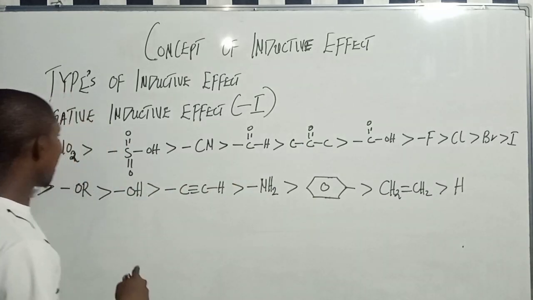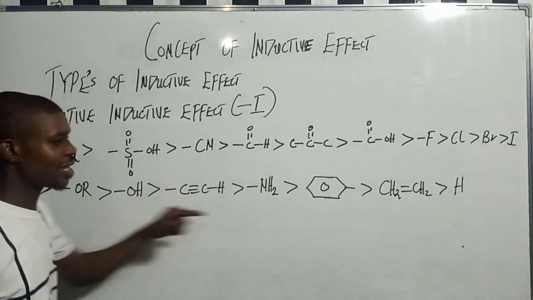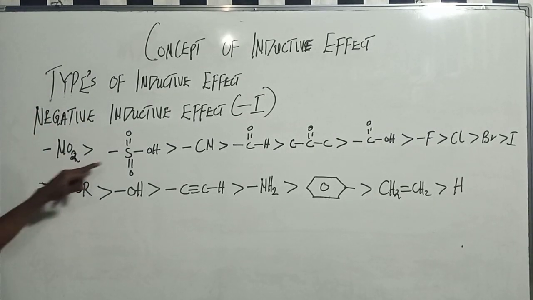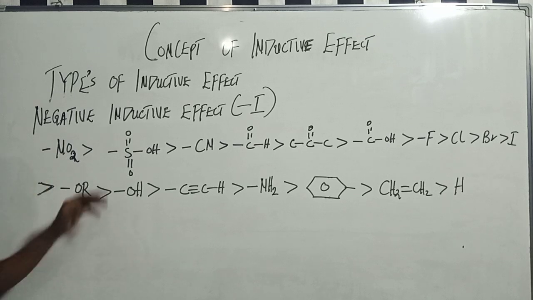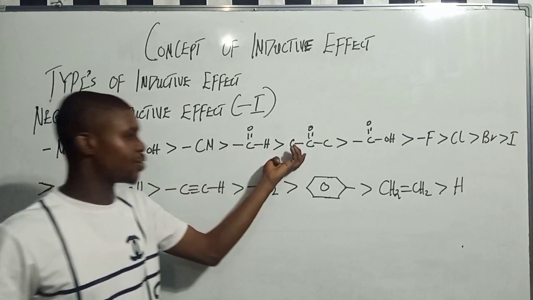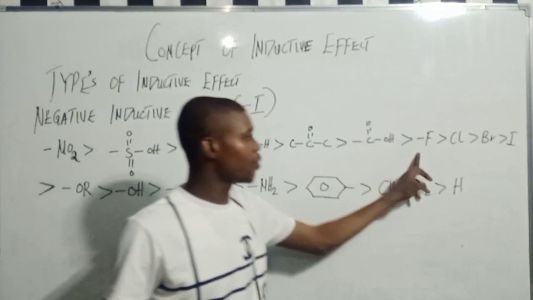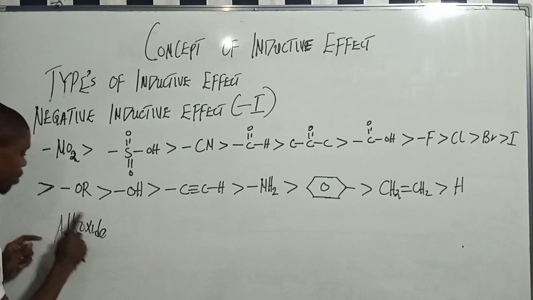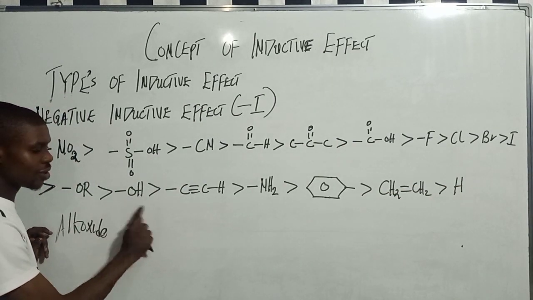Here are the various minus I effect groups we have: the nitro group, the sulfuric group, the cyanide group, iodine, ketone, carboxylic acid, fluorine, chlorine, bromine, iodine, and here we have the alkoxy group and the hydroxy group.